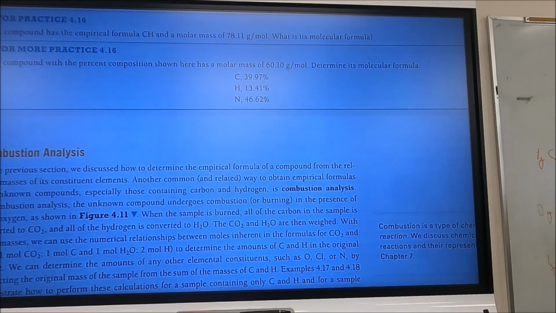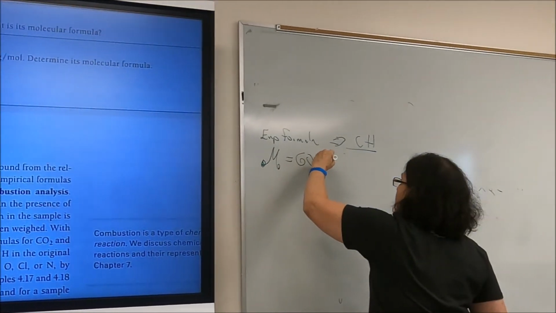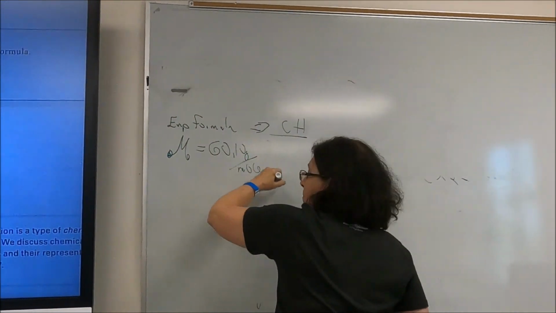So let me erase here. You guys look at that problem, kind of start sketching it out for yourself. So we're told that our empirical formula is CH, and our molar mass is 60.10 grams per mole.